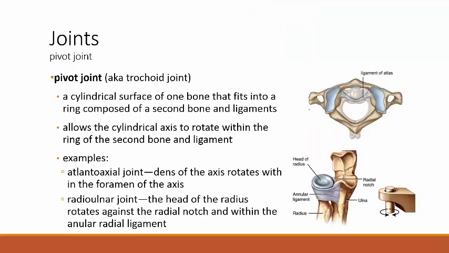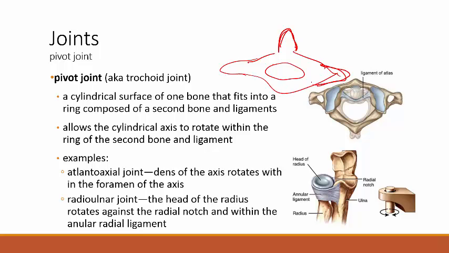Pivot joints are built so that one bone can rotate around another bone. And if we think about the atlas and the axis, the first and second bones of the spine that hold the head and allow the head to rotate. If this is the dens of the axis here, I'm not drawing a particularly great version of it, but you see hopefully what I'm getting.